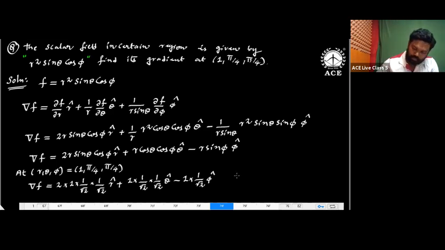So finally, the gradient of f is equal to r cap plus 1 by 2 theta cap minus 1 by root 2 phi cap.